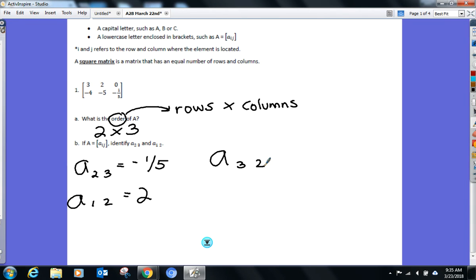I may throw a not possible at you. So this is not possible, because there is no row 3.